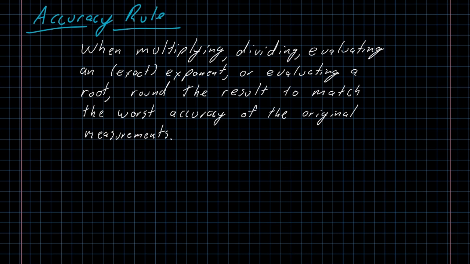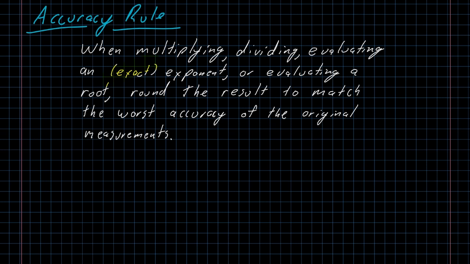The accuracy rule tells us that when we are multiplying, dividing, evaluating an exact exponent, or evaluating a root, we should round the result to match the worst accuracy of the original measurements.